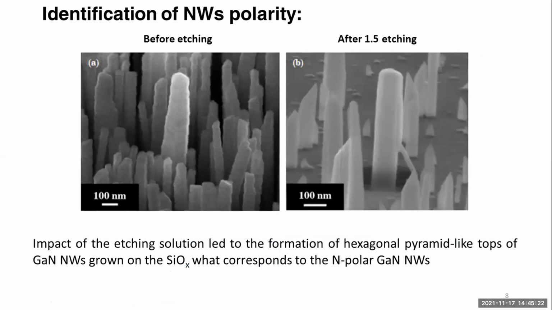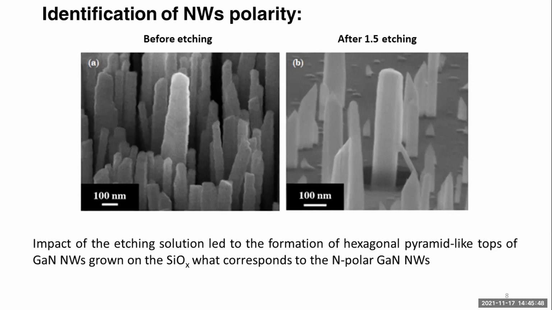First, we identified the polarity of the nanowires on the different substrates. On this slide, you can see the SEM images of the initial GaN nanowires and ones after 1.5 minutes of etching.